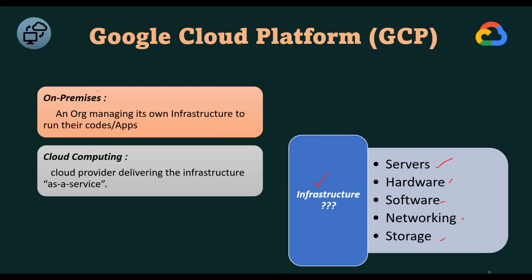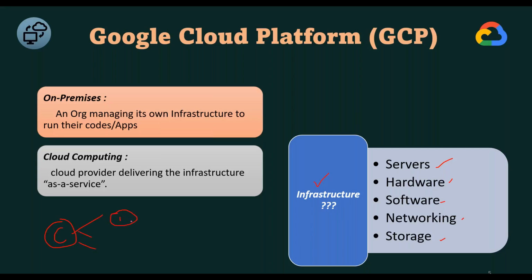So it is now very clear that on-premises means, for example, if you are working in one company, the company has to take care of its own infrastructure. That means that company has to build its own data center for its application deployments. That is what on-premises is. What is a cloud computing model? In a cloud computing model, you have your company, and you have plenty of requirements, plenty of deployments.